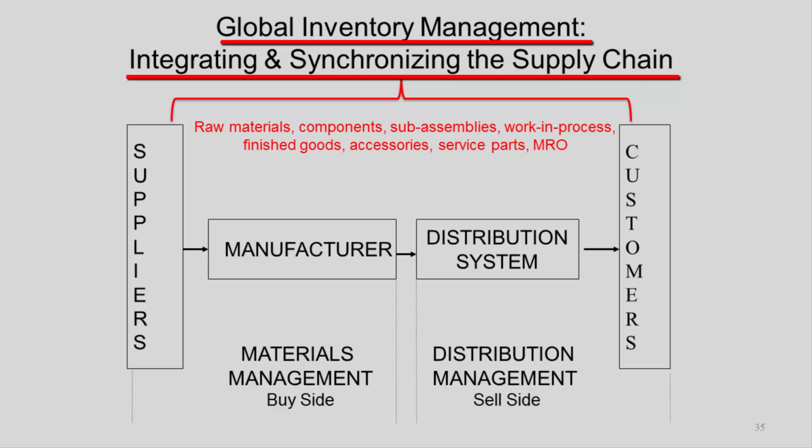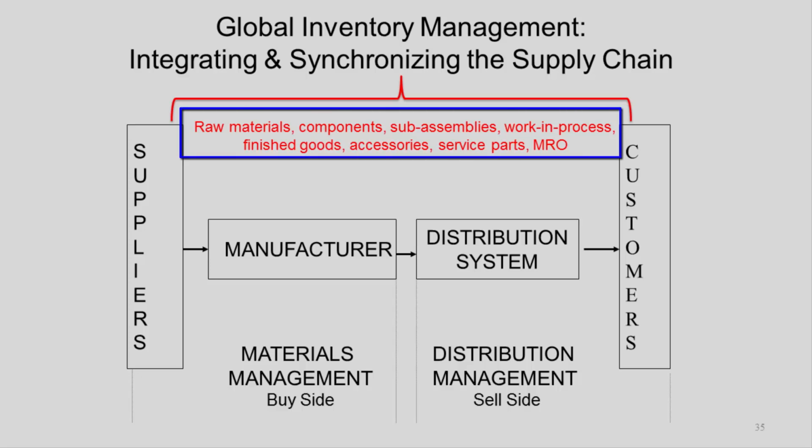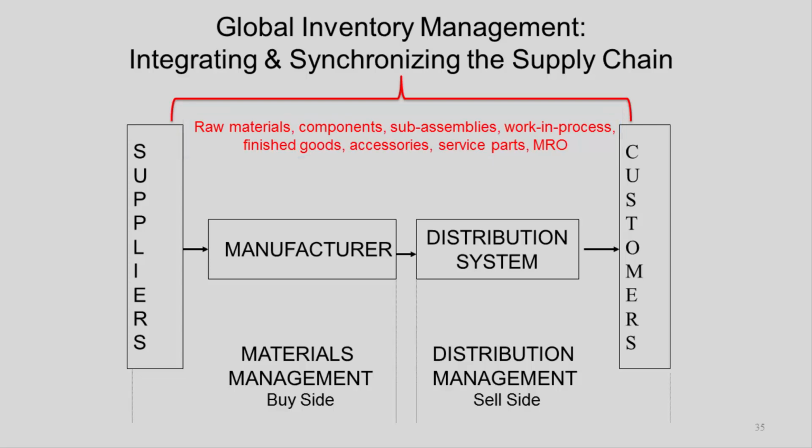Depending on what we do as a company, we may be dealing with raw materials, components, sub-assemblies, work in process, finished goods, accessories, on and on, service parts, MRO, etc. So it transcends that whole S&OP ecosystem on the buy side and into the sell side. And if there's one good integrating factor, in addition to logistics activities and S&OP itself, it's inventory management.